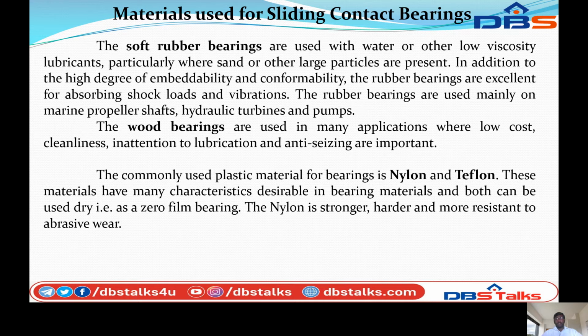Coming to the wood bearing, wood bearings are used in many applications where low cost, clean lines, inattention to lubrication and anti-squeezing are important. The commonly used plastic materials for bearings are nylon and Teflon.